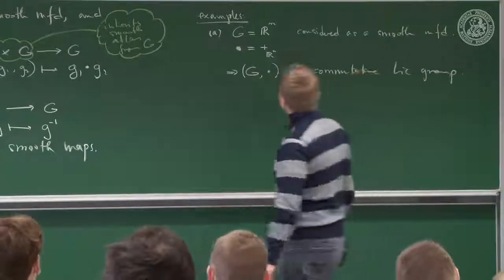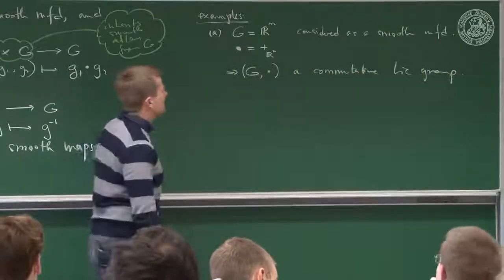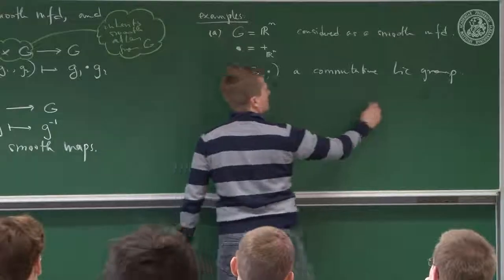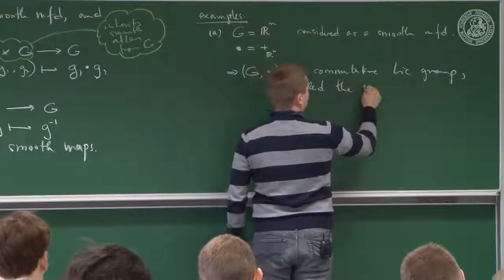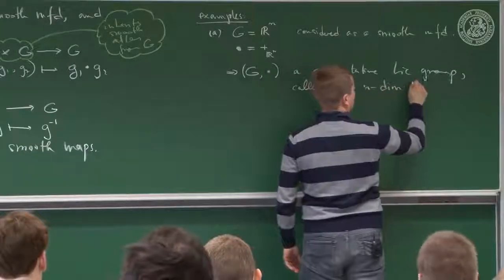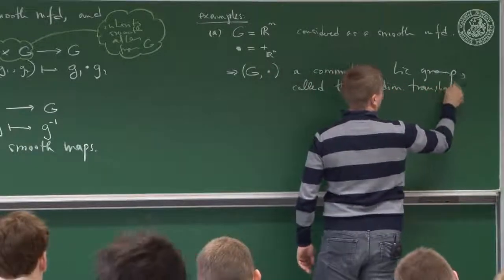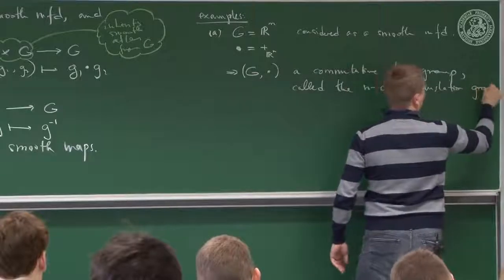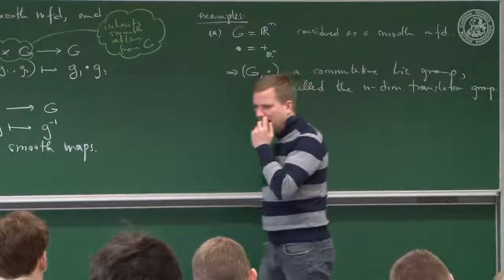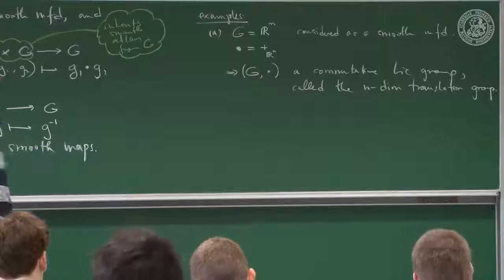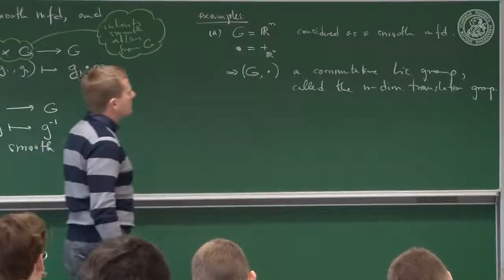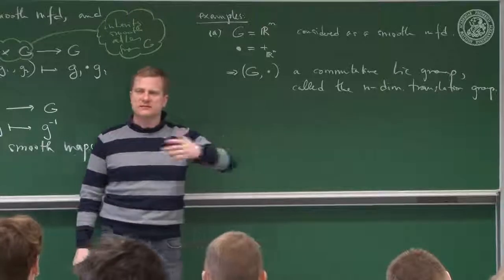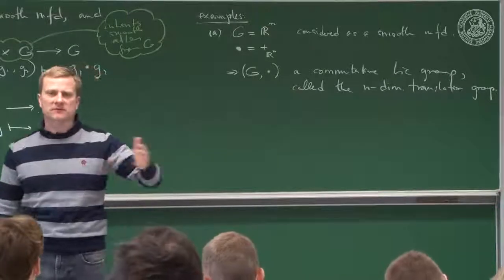And sometimes one calls this the translation group, called the n-dimensional translation group. And when you studied quantum mechanics, you talked a lot about the momentum operator generating translations of the wave function.